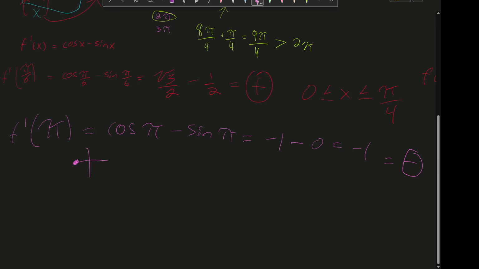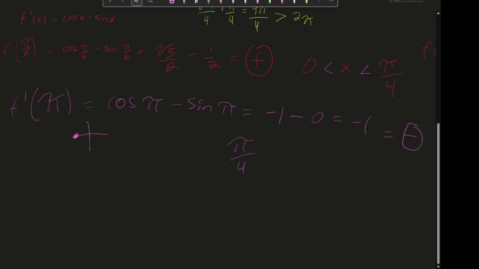And that implies that between those points, I should say, is probably the way to put it, so that's between pi over 4 and 5 pi over 4, your derivative will be negative, which implies your function is decreasing on that interval.